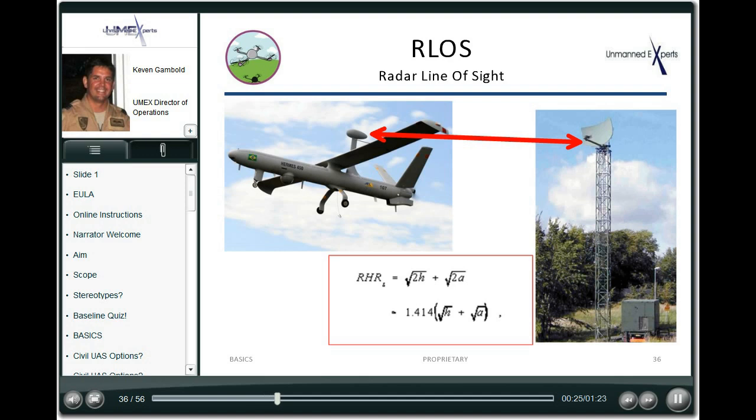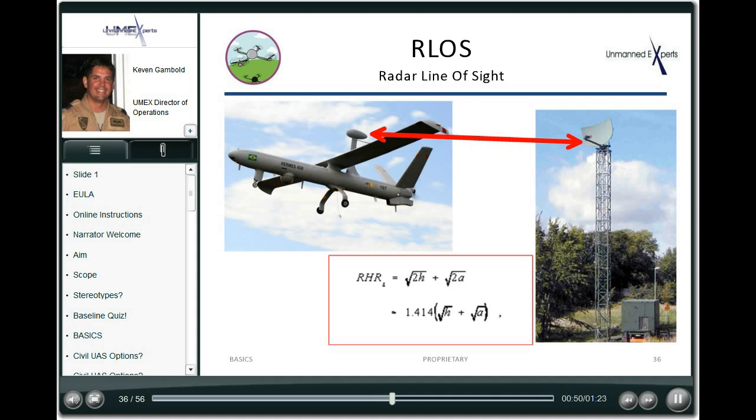In some respects, 50 kilometers even is considered a normal RLOS range. There are systems out there claiming sort of the 200 to 300 kilometer range, and not being a mathematician, I've put the equation up there for the radar horizon range. You can work out which altitude you need to be at.